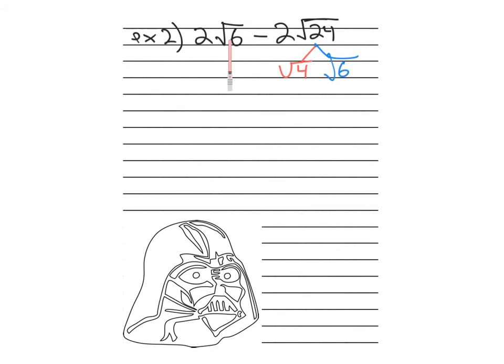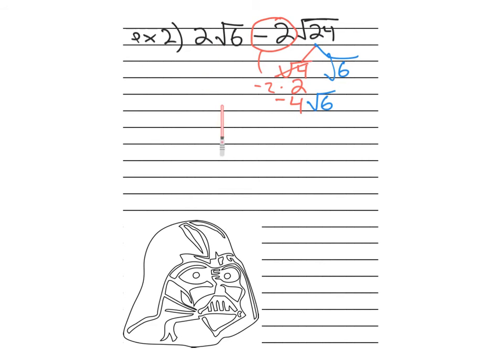So if you look at root 6 over here, that could give you a hint that this needs to be a root 6 eventually. And you go, oh, okay, 6 times 4, and there's my perfect square. So the square root of 4 is a 2 on the outside, but don't forget to multiply with this other negative 2 there. So negative 2 times 2 makes that term become negative 4 root 6.